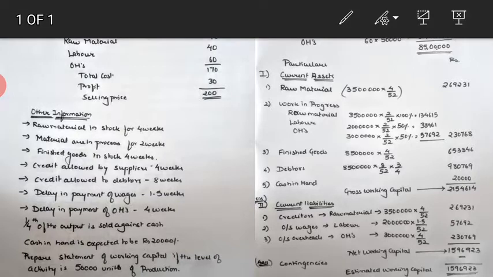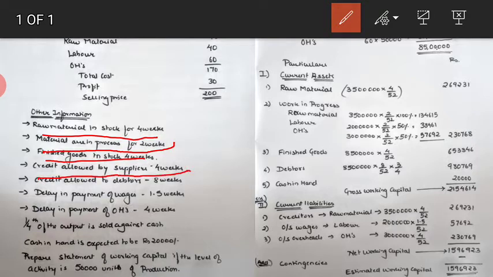Next, they have given other information. Raw material is in stock for 4 weeks, materials are in process for 2 weeks, that means it is related to work in process or semi-finished goods, and finished goods are in stock for 4 weeks. Credit allowed by suppliers is 4 weeks.